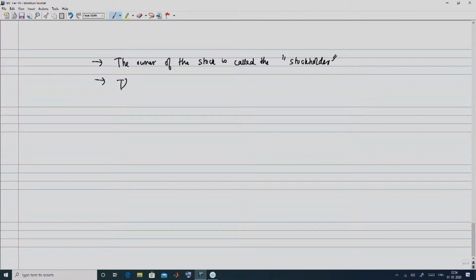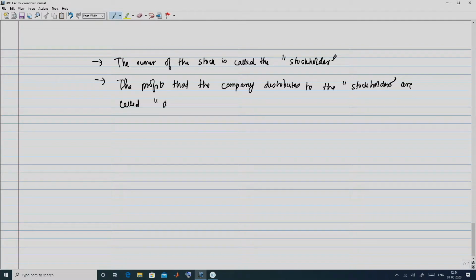Secondly, the profits that the company distributes to the stockholders, as defined in the previous slide, are called dividends.